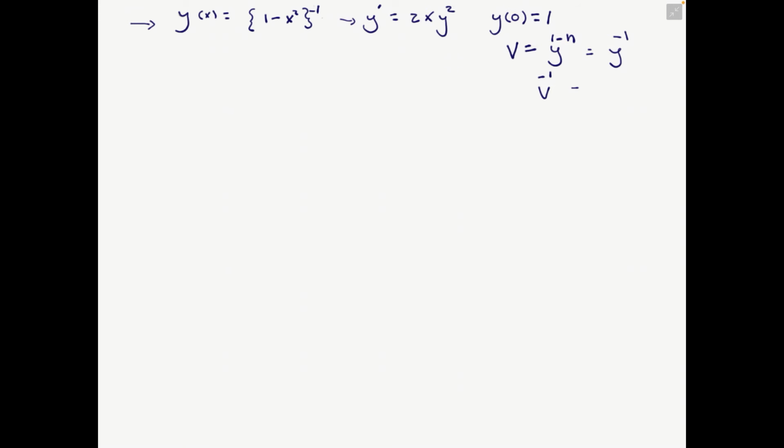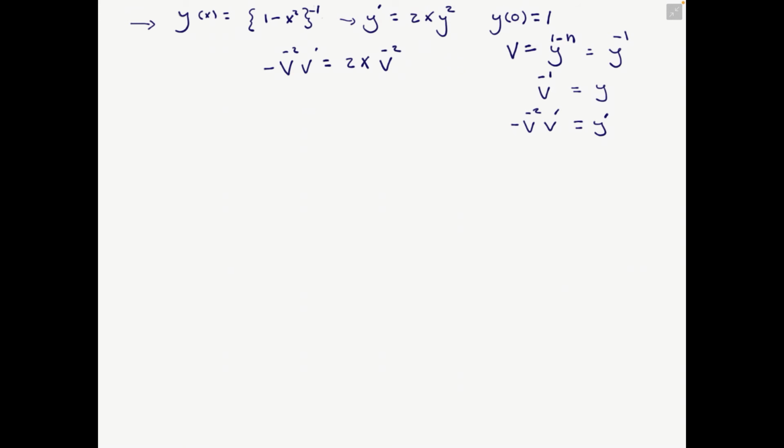So we have minus v to the minus 2, v prime equals y prime, and we substitute that into it: minus 2v prime equals 2x v to the minus 2.